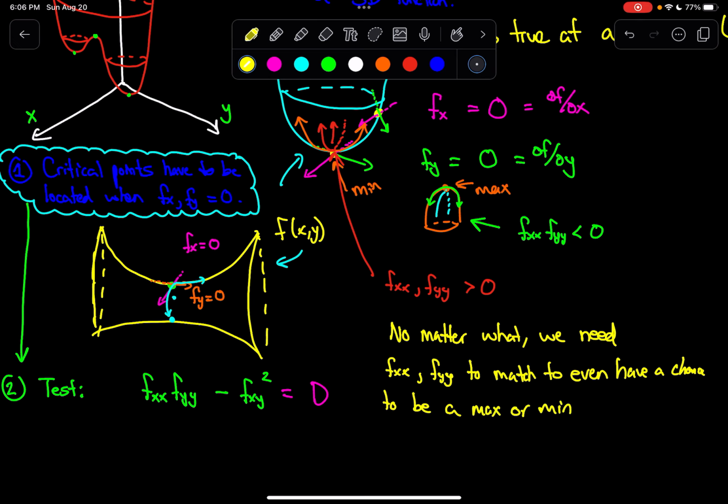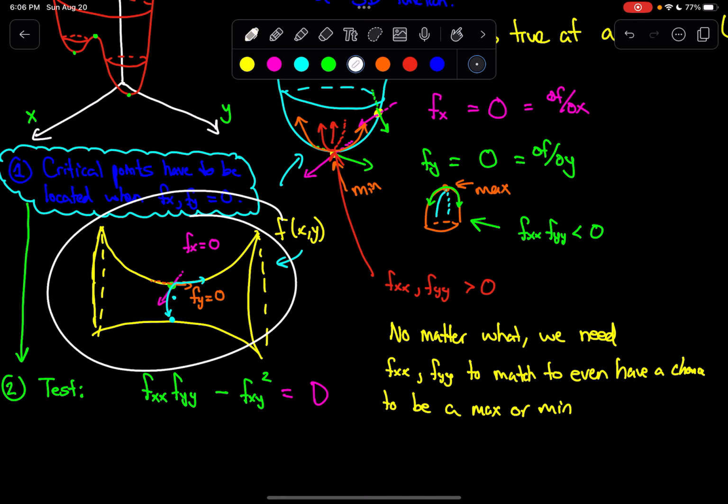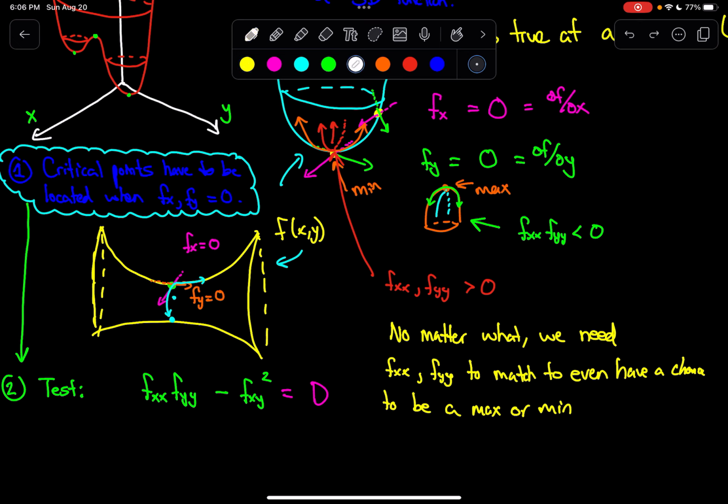If you look at this shape right here, you'll notice that we are concave up in the y direction, but in the x direction, we are very much so concave down as we come the other way. And so you'll notice when these don't match, when one of them's positive and one of them's negative, last time I checked, a positive and negative multiply to give me a negative, so this thing is going to evaluate to a negative.